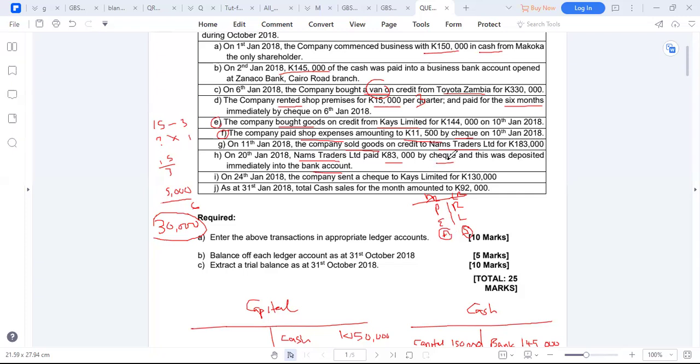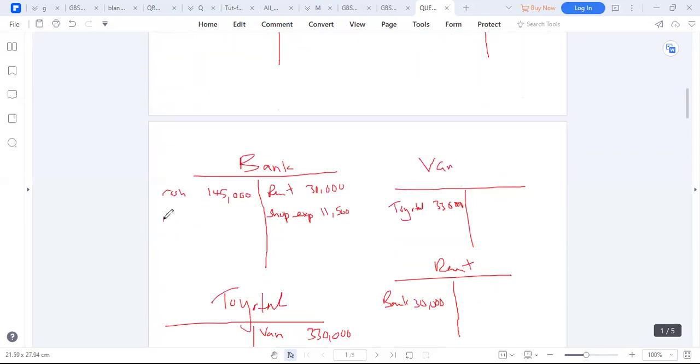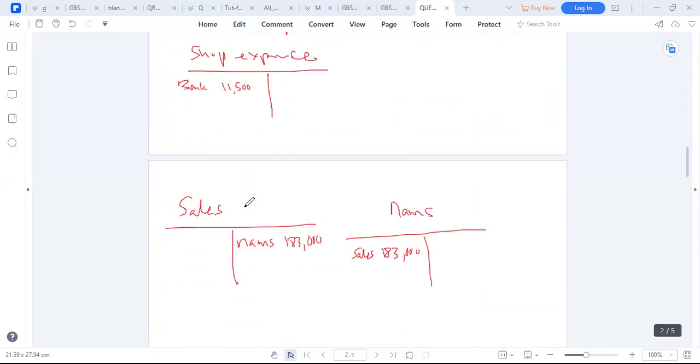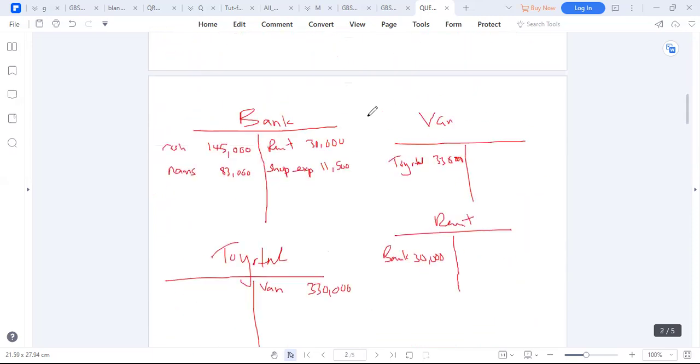Then the bank is receiving 83,000, so we debit bank. Bank is receiving from NAMS. So we go to bank, NAMS 83,000. Then we go to NAMS, bank 83,000. Okay, are you following?